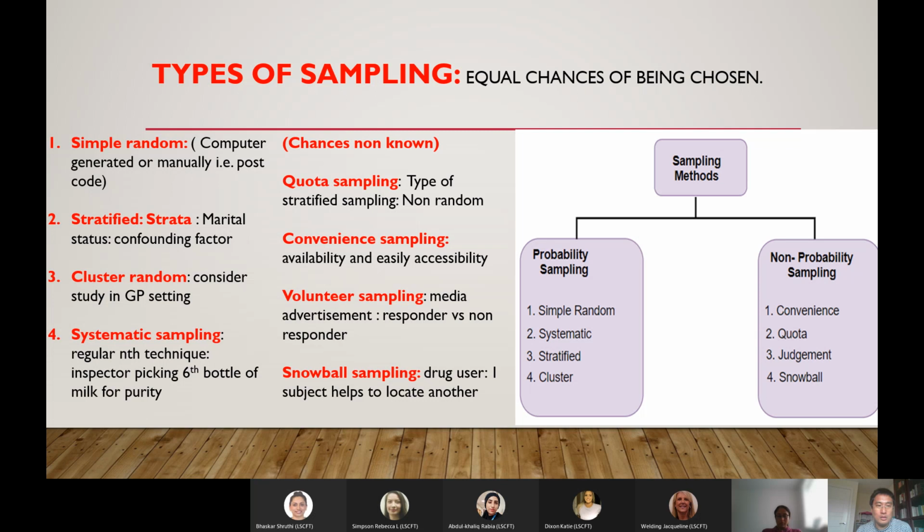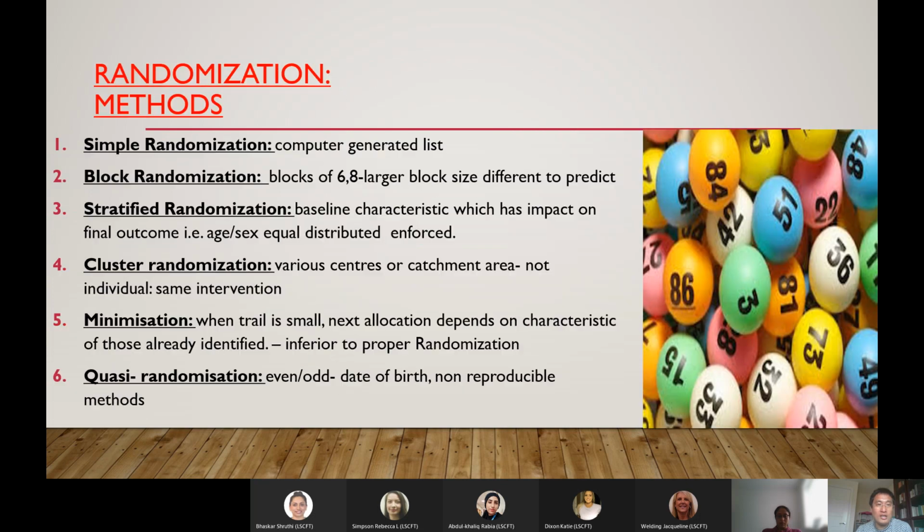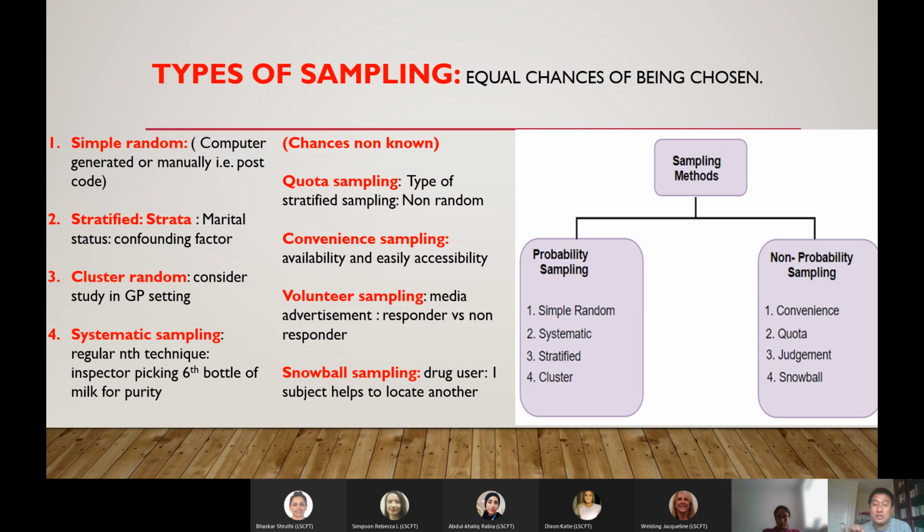Okay, so this is the same thing which we have discussed. Out of this, always remember snowball sampling. This is randomization. Okay, so if the question on randomization comes, these are the only 6 options you'll have. But if the same question comes with sampling instead of randomization, the options will be different.